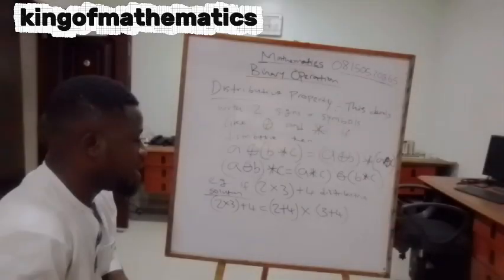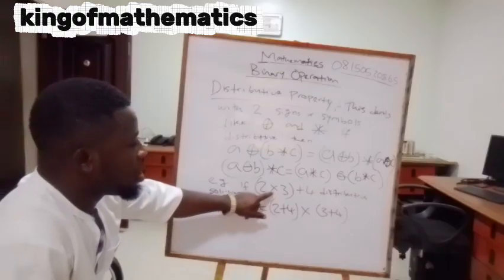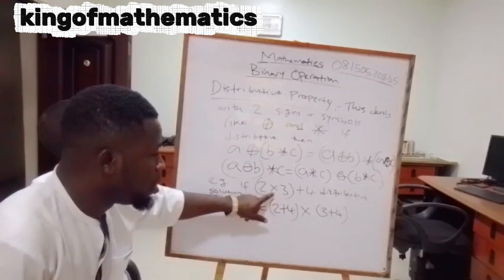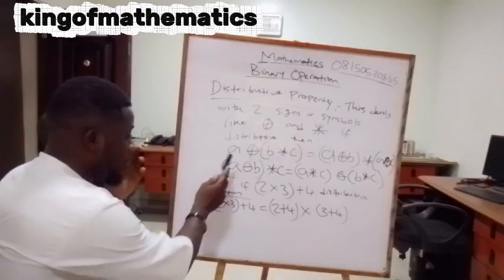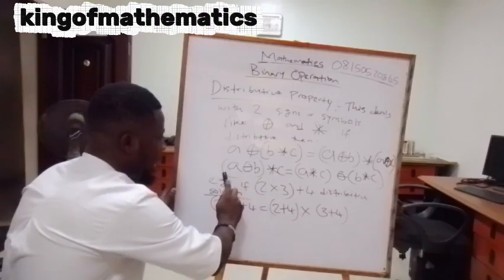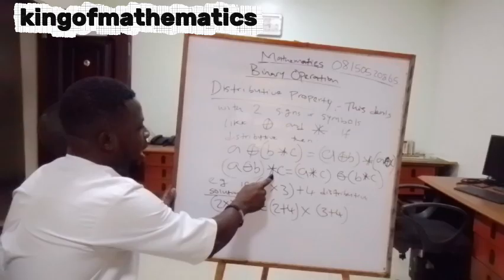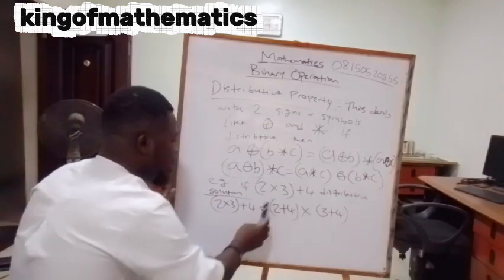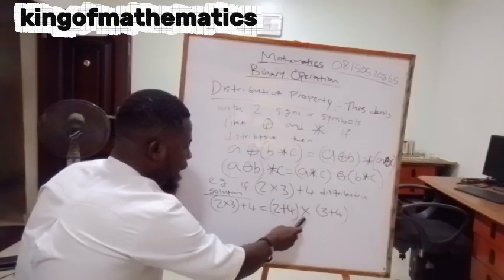Now let's check whether it is distributive. This is telling us, is multiplication distributive over addition? According to the law, this is 2 times 3 plus 4, which must give us 2 times 3 plus 4, then times 3 plus 4.